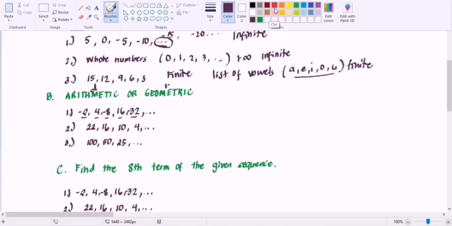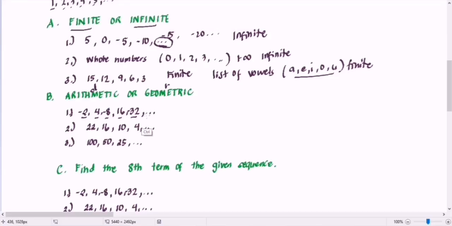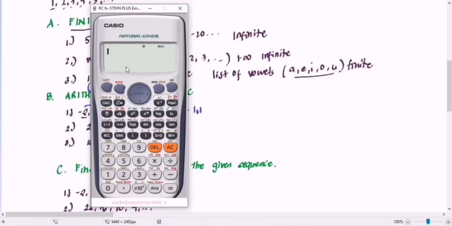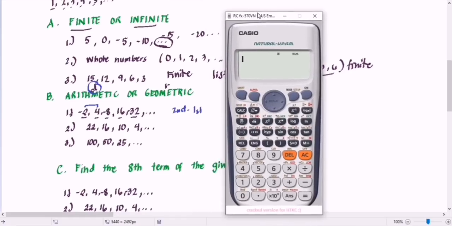So, dito, ang kailangan nyo lang gawin is, itest muna kung may common difference. So, ima-minus lang natin yung second minus first. So, ito, second minus first, 4 minus negative 2. Pag nilagay nyo sa calculator, ang una nyo ilalagay yung second term.